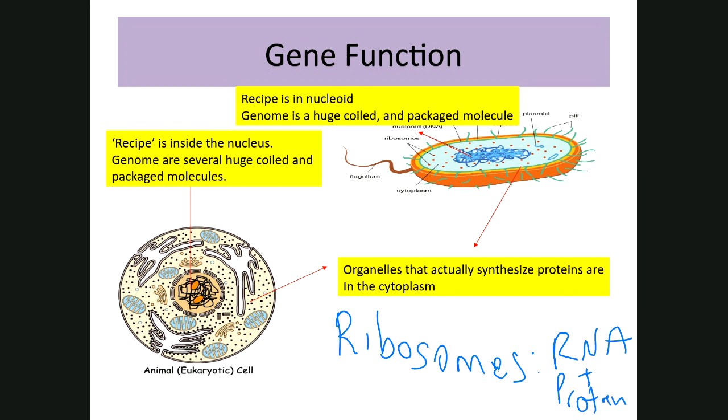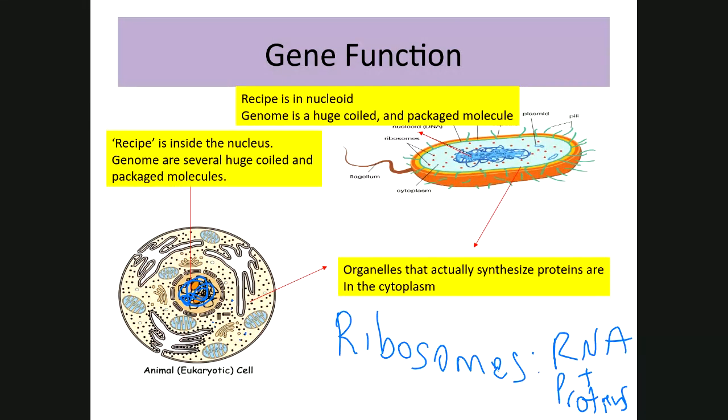So take a look at the problem that the eukaryotic cell has. In the case of the eukaryotic cell, the recipe books are located in the nucleus. The ribosomes, or the kitchen where the proteins are going to be cooked up, are in the cytoplasm. So we have a problem. The recipe is in one place, the kitchen is in another place.